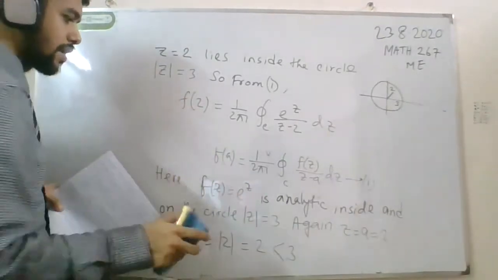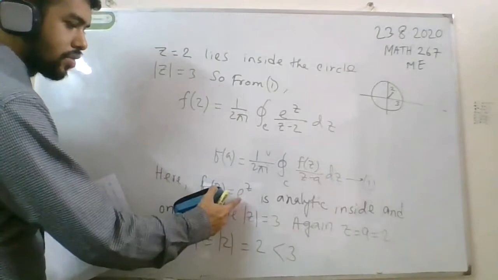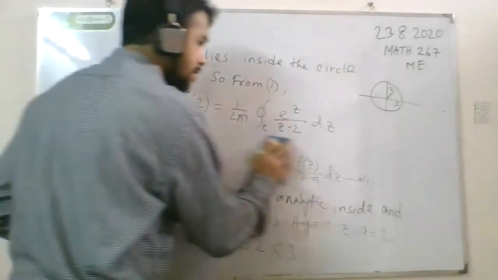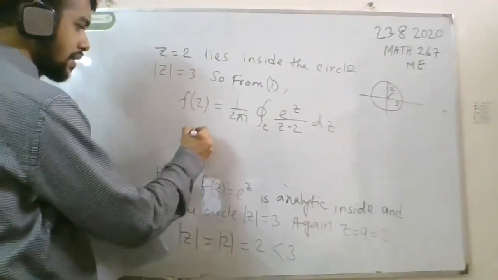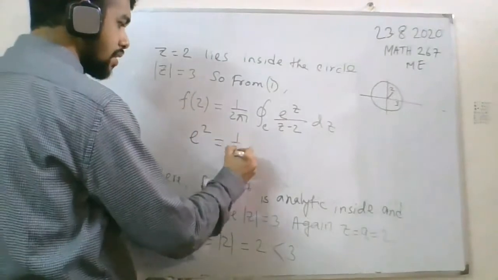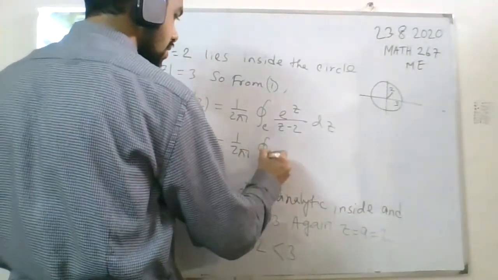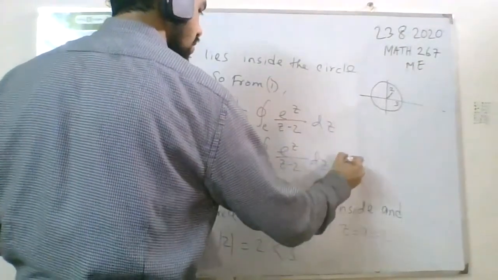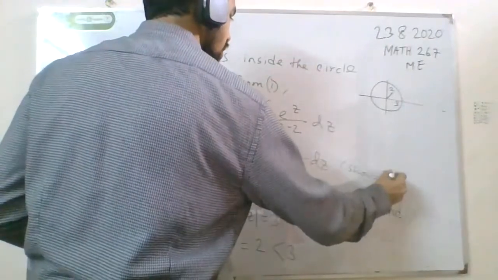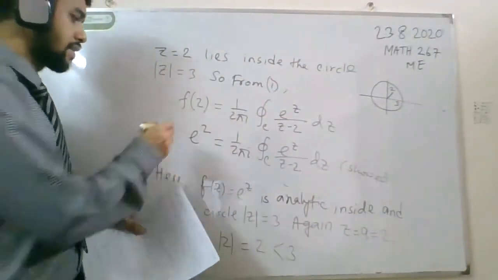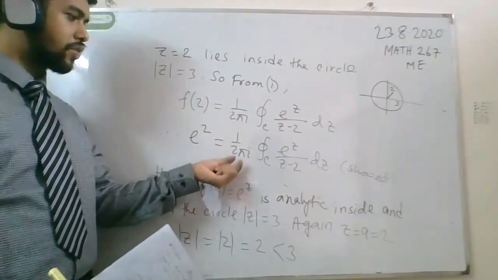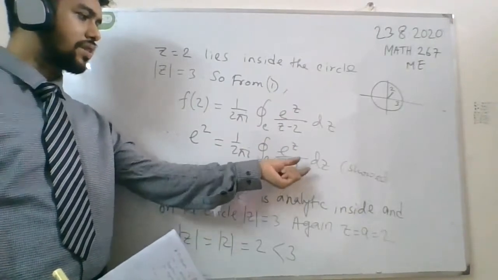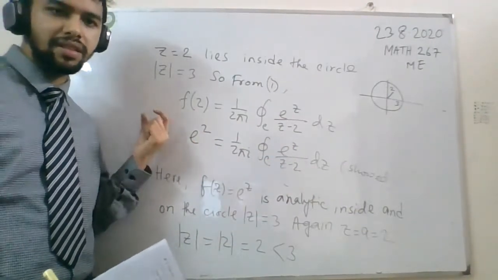And you also know that we let f(z) equals e to the power z. So we can easily say that it will be e squared equals 1 by 2 pi i integral over c of e to the power z divided by z minus 2 dz. This is short. Okay. So here is our result, which is 1 by 2 pi i times the integral over c of e to the power z divided by z minus 2 dz equals e squared. This was the first set, okay?